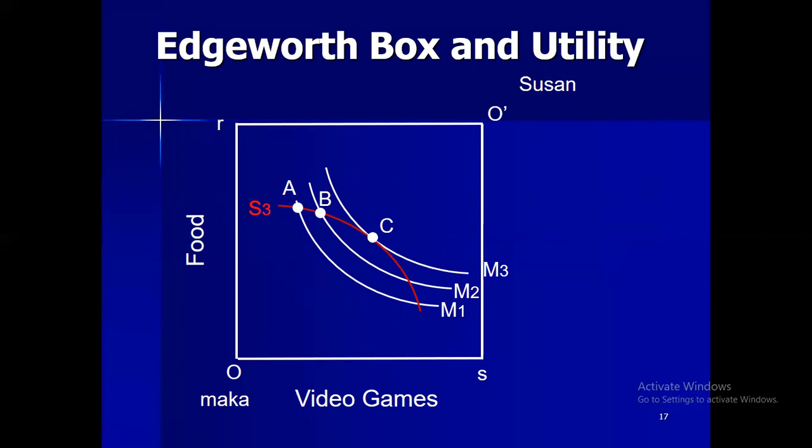Is it possible to reallocate food and games between Muskan and Suzanne in such a way that Muskan is made better off while Suzanne is made no worse off? Is it possible? A moment's thought suggests such an allocation at point H. Muskan will be better off because the higher indifference curve represents a greater satisfaction level.